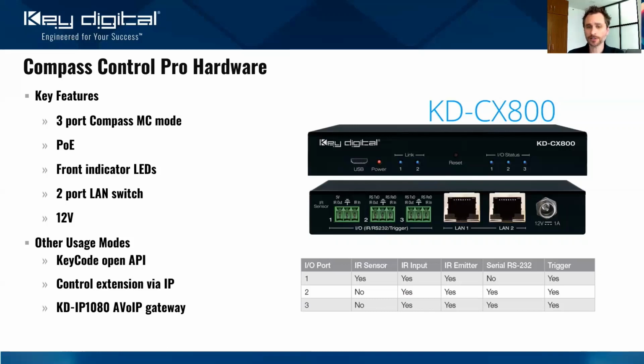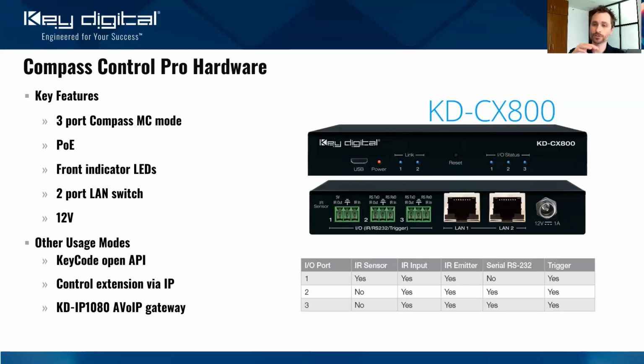The CX800 is also pretty flexible in that we use it for other purposes at KeyDigital as well. It has an open API, so you can talk to it from your third-party control system, and you can send an IP string that will then convert to IR or RS-232. We also use it as an AV over IP control interface.